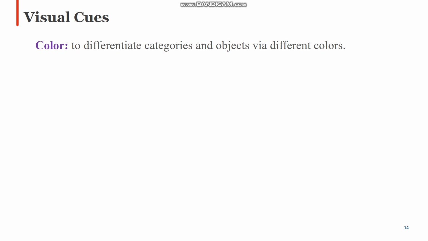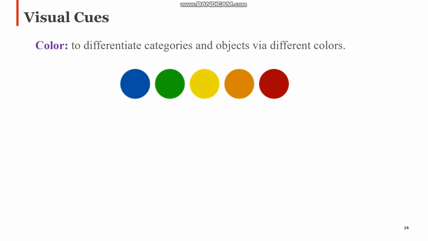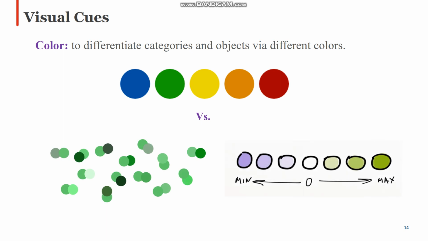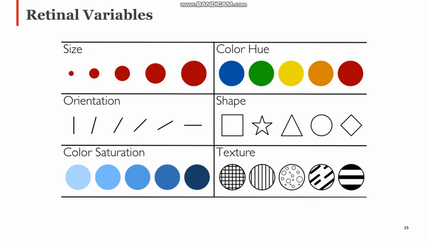Even for colors, you may choose different formats, like the following formats we show below. One is with different colors, the red, blue, orange, yellow. The other is a different scale or saturation, like dark green, green, light green, and so on. Here are some retinal variables you may use to display your data variables. They all have different visual impact.